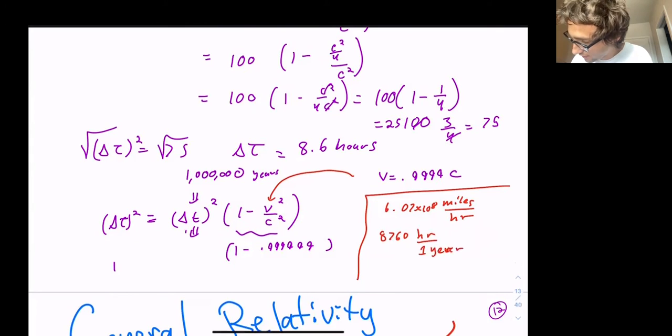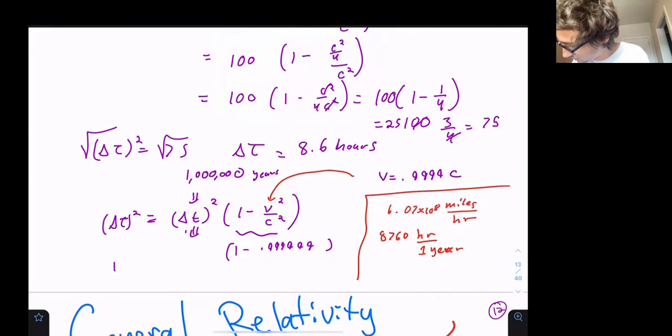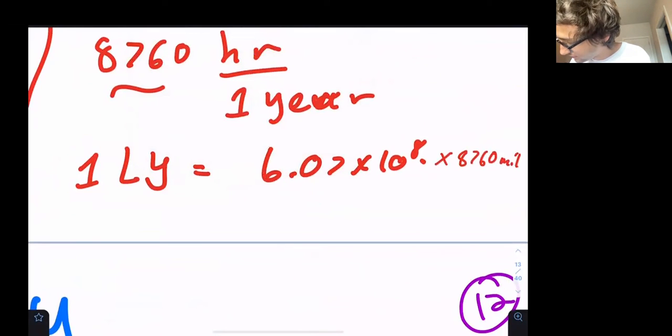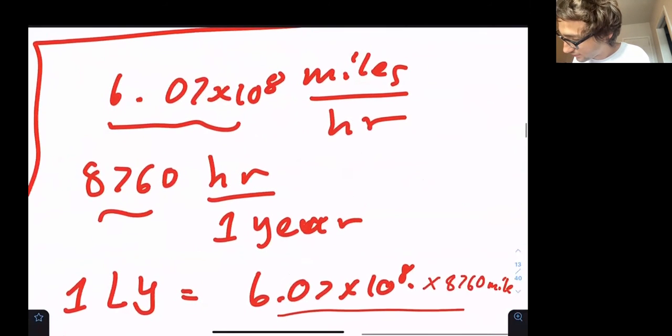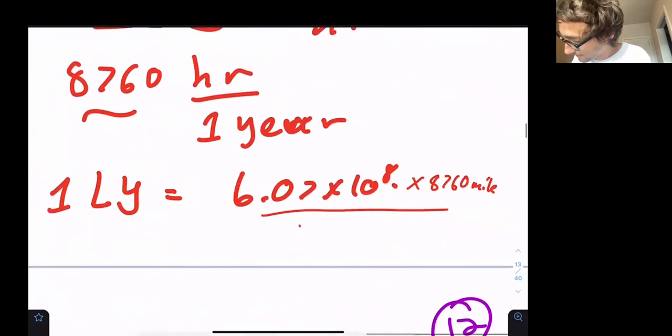So then when you do this, you pretty much multiply this number by this to get light years. So 1 light year would be 6.7 times 10 to the 8 times 8,760 miles per year.